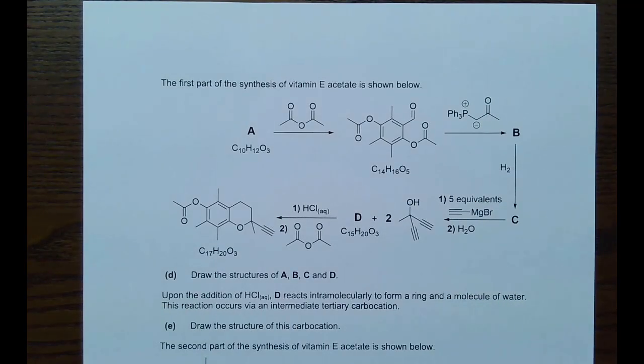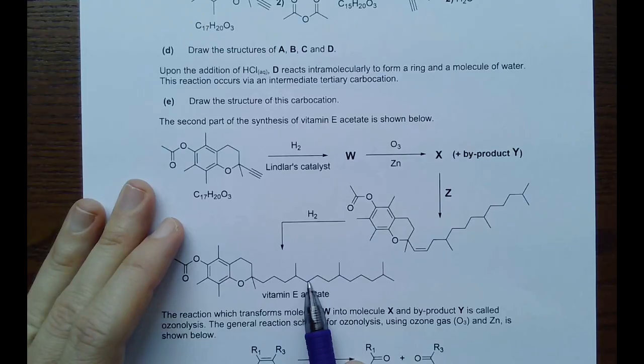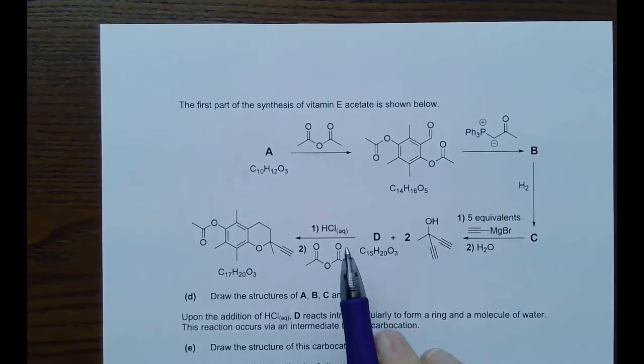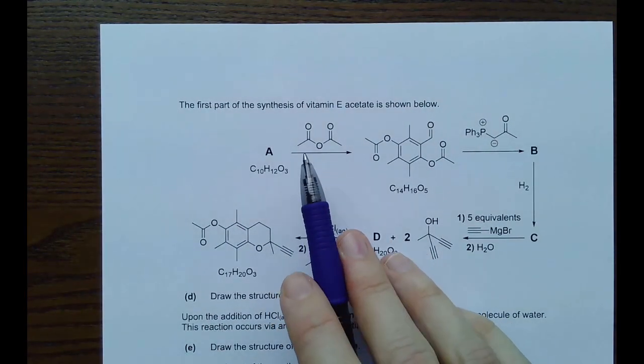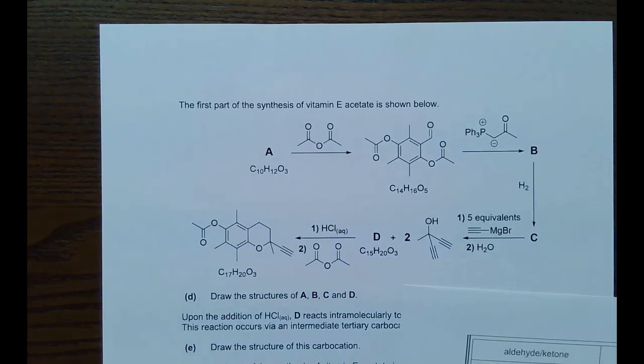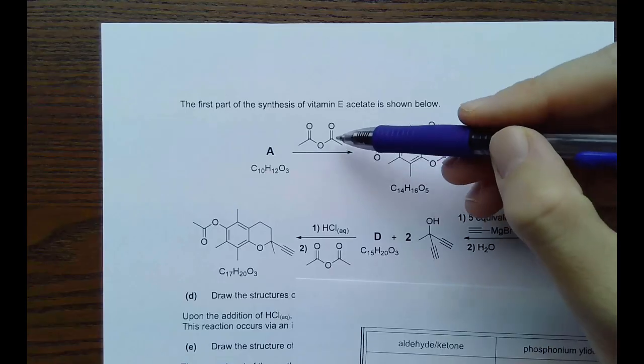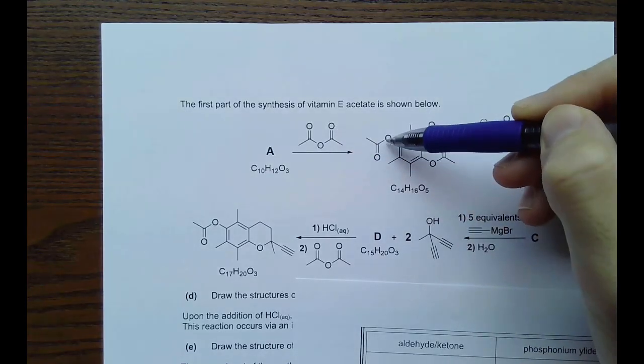So we've got the synthesis of vitamin E acetate, all the way down here at the bottom of the page. Okay, and we're going to start up here with this acetic anhydride addition to some sort of aromatic compound. So what this is going to do is it's basically going to form these esters.